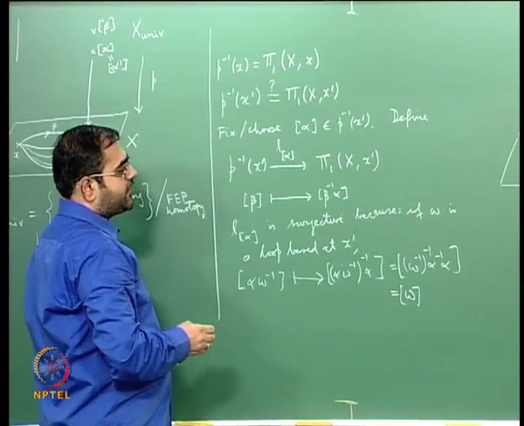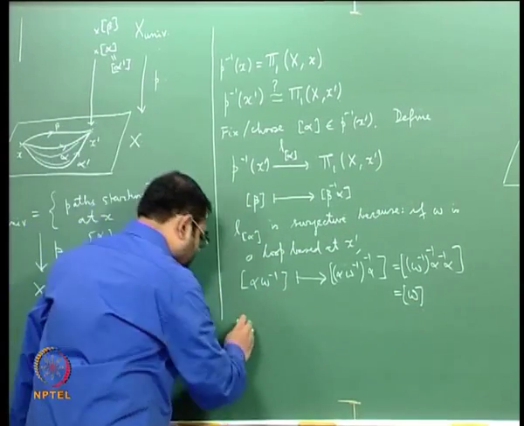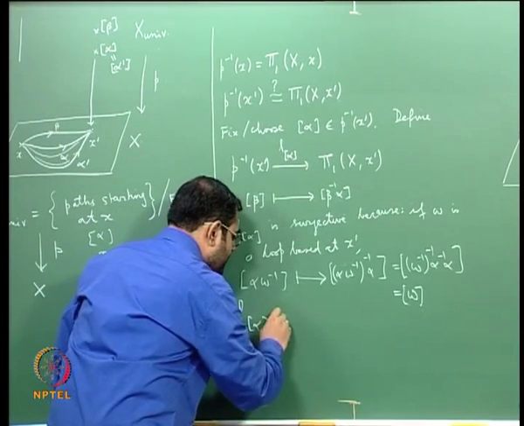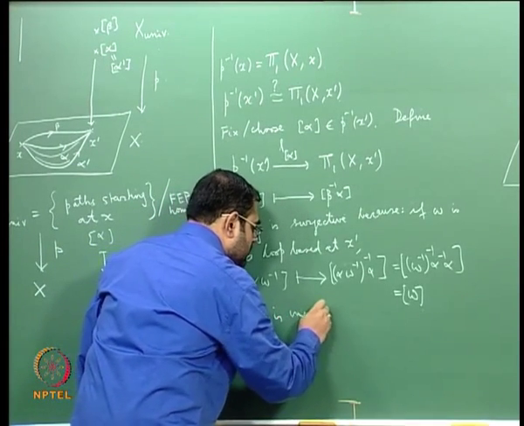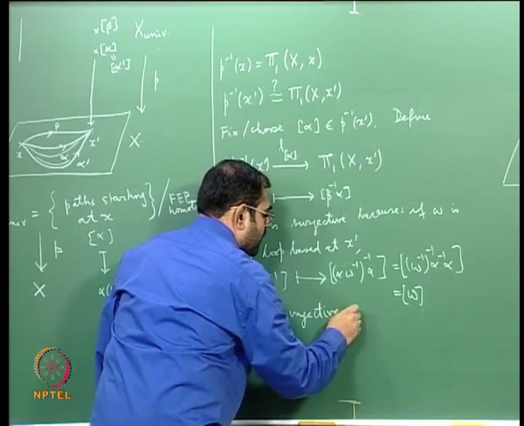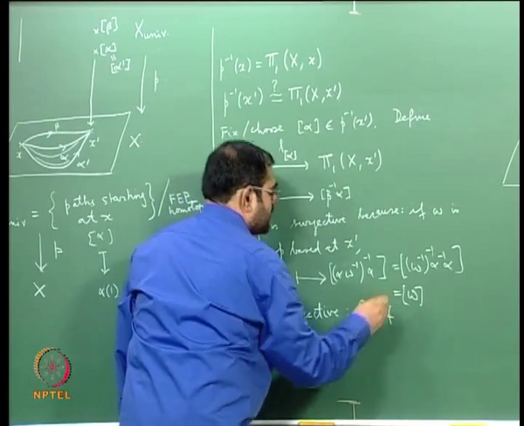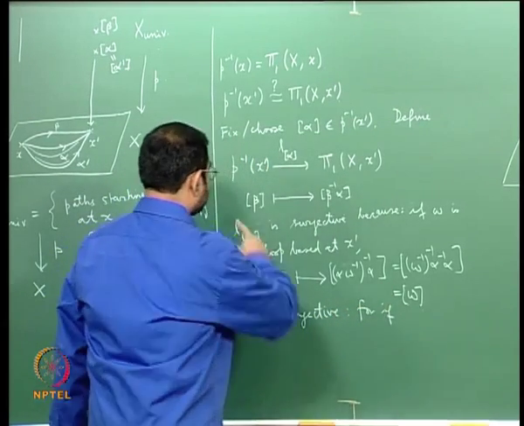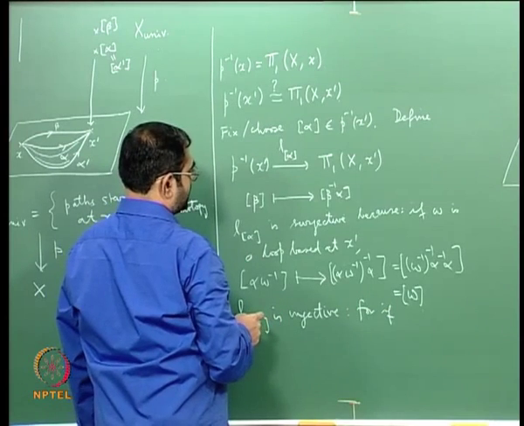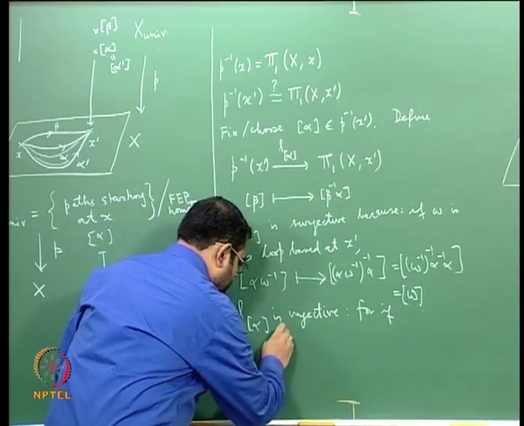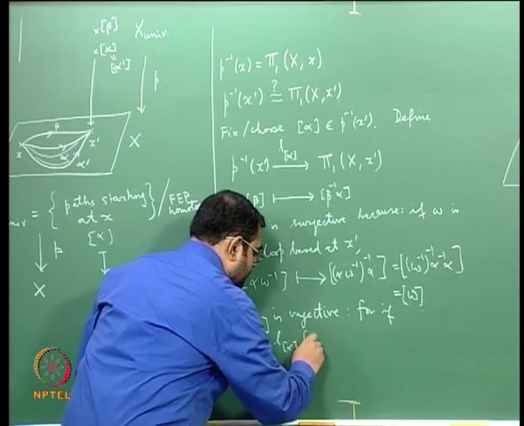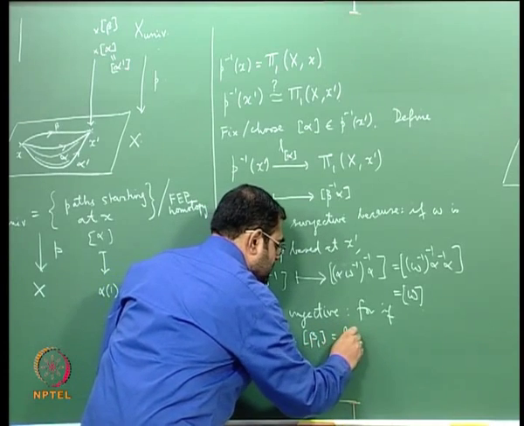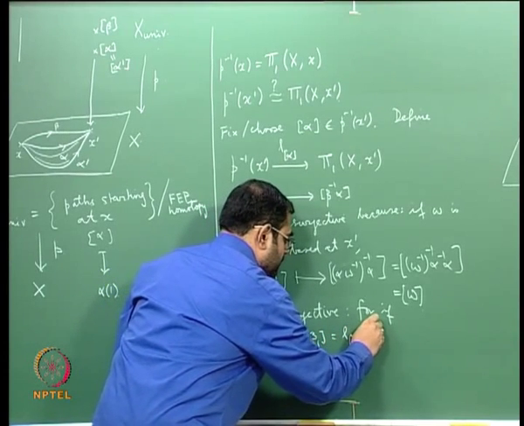Then I need to tell you that this is also injective. L sub alpha is injective, for let us assume that L sub alpha of beta 1 is equal to L sub alpha of beta 2.